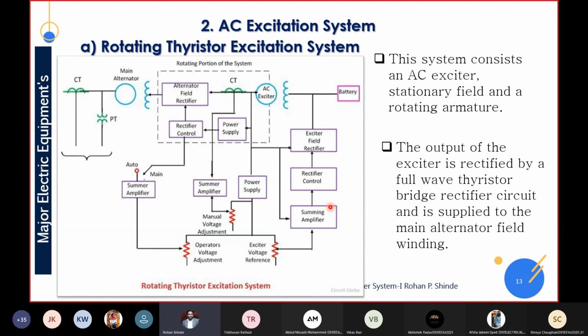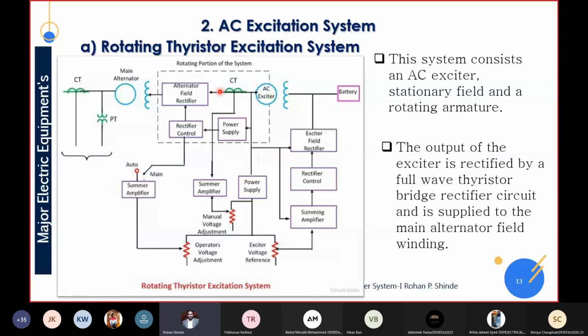The output of the exciter is rectified by the full wave thyristor bridge. We know that a bridge is nothing but a full wave rectifier. So the output of the exciter is rectified by the full wave thyristor bridge rectifier circuit, and it is supplied to the main exciter field winding.